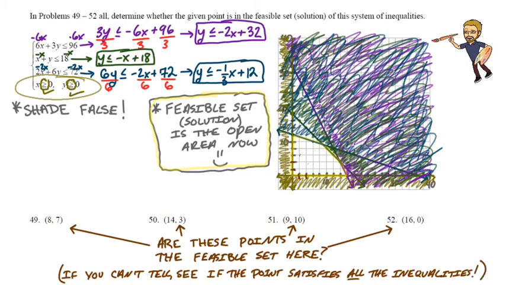So my last note to you here, if you can't tell whether a point's in the feasible set, like maybe it's really close to being on the edge, you have to see if the point satisfies all the inequalities. So for example, if you plug in 8 for x and 7 for y, because this is an xy point, does that check out in all the inequalities up here. Otherwise, it's a yes/no question.